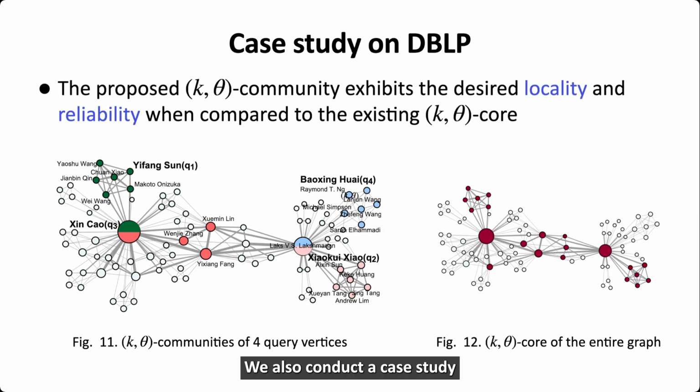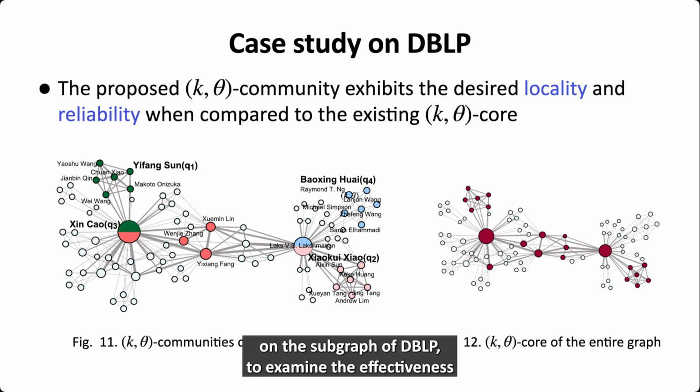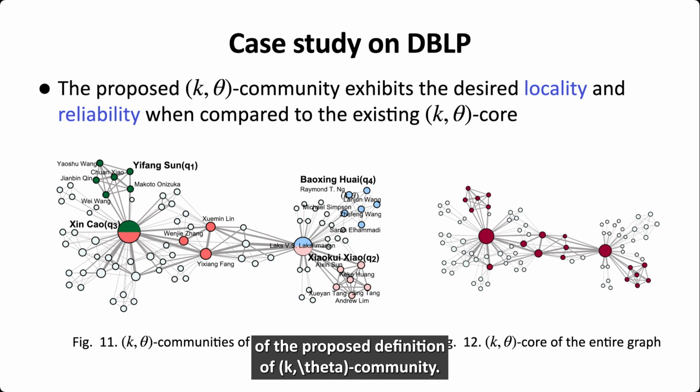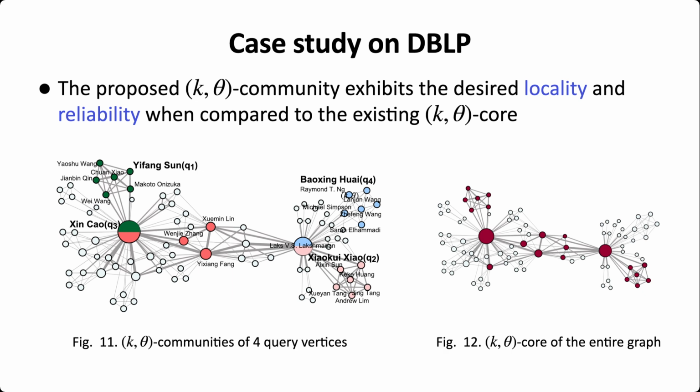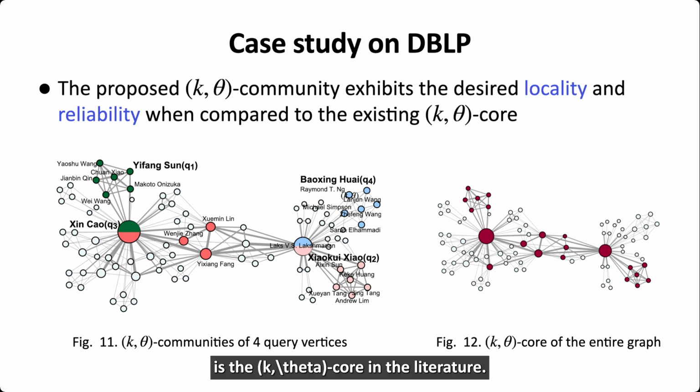We also conduct a case study on the subgraph of DBLP, a well-known citation network, to examine the effectiveness of the proposed definition of k-theta community. The competitor is the k-theta core in the literature.